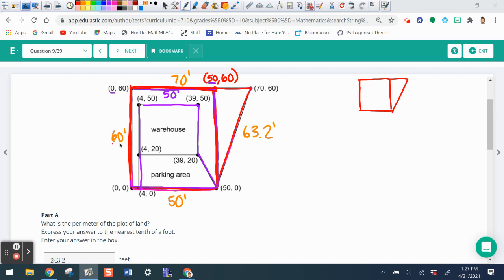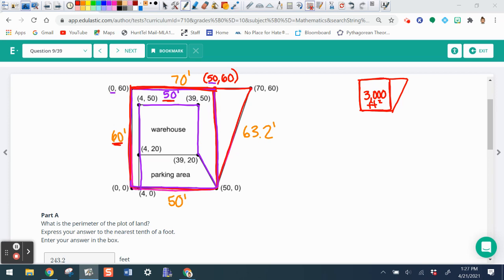So we're going to take 60 feet, which we'll call our length, and 50 feet, our width, and simply multiply those together. And 60 times 50, I believe, is 3,000. So that is 3,000 square feet, or feet squared. So that's the area of this rectangle as of now.